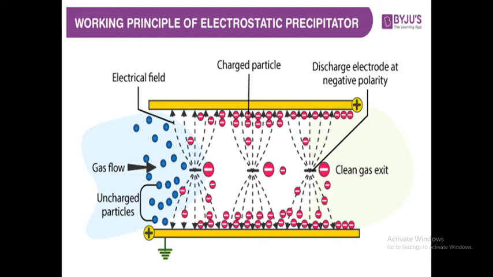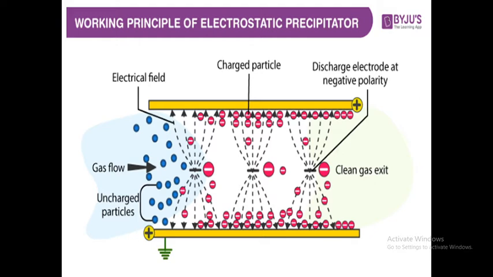There are plenty of free electrons as the electrodes are ionized, which interact with the dust particles of the gas, making them negatively charged. So these particles move towards the positive electrode and fall off due to gravitational force.